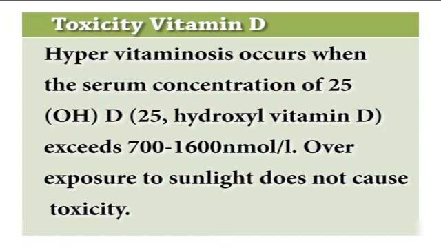Common symptoms observed are loss of appetite, nausea, weight loss and failure to thrive. Hypervitaminosis occurs when the serum concentration of 25-hydroxy vitamin D exceeds 700 to 1600 nanomoles per liter. Overexposure to sunlight does not cause toxicity.